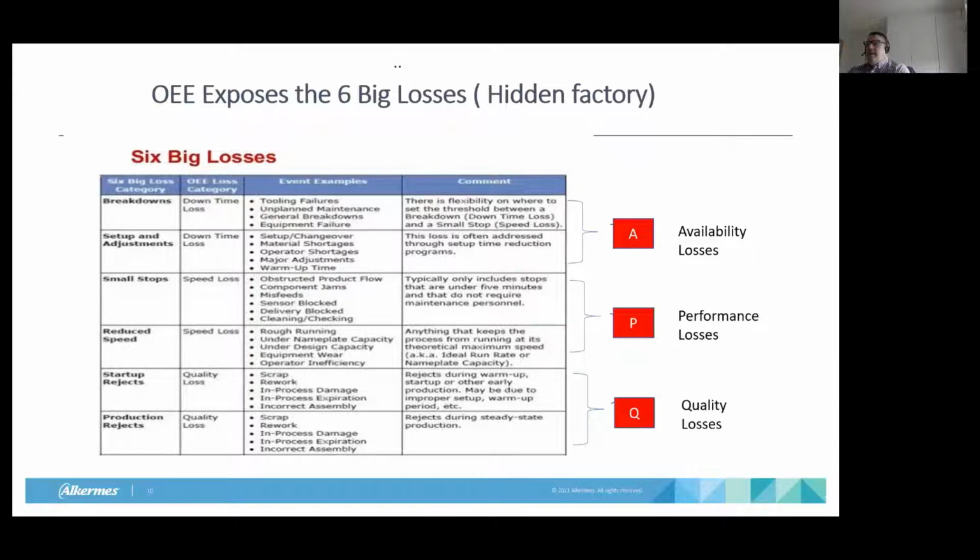So when we produce product on a particular machine, we lose product. Some of it is at the startup where we have scrap and rework to get the machine humming before we actually run it. And then during production, we'll also have losses there. So the Q losses there are all related to rejects that we create on the line, and these are called quality losses. So they're collectively known as A, P, and Q, and they will form the basis of our measurement for OEE.